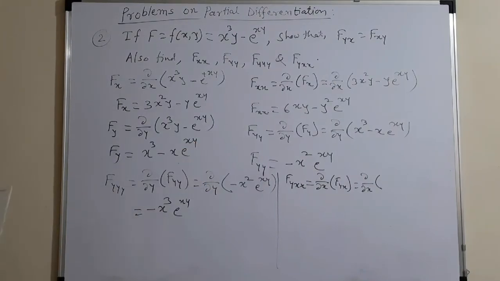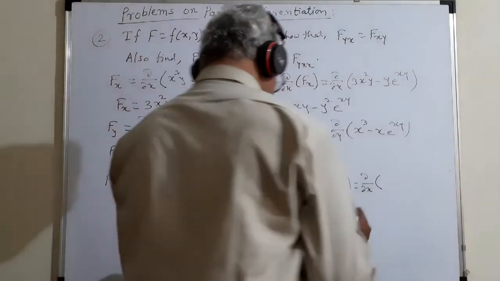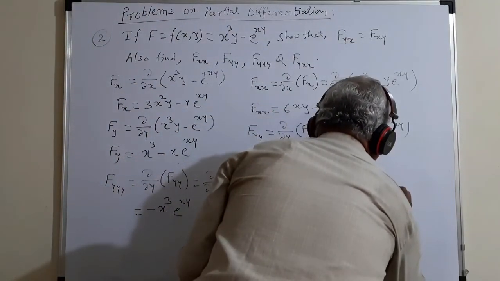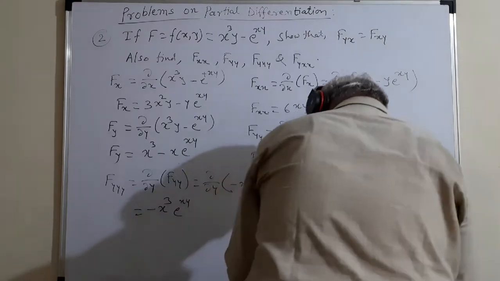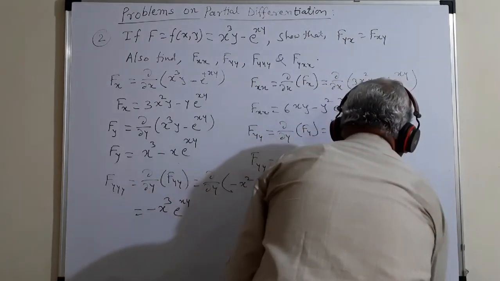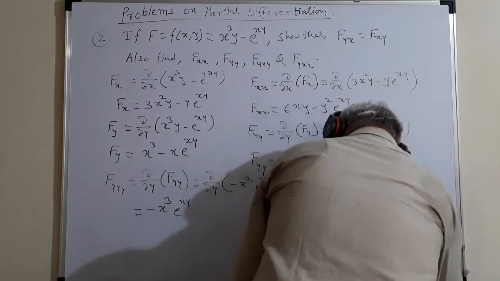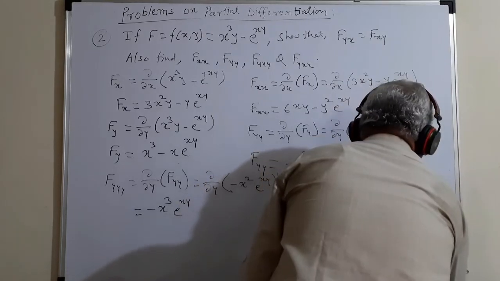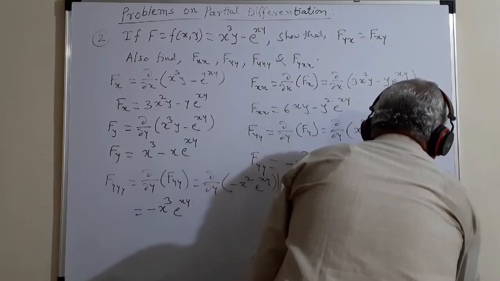Fyx is nothing but 3x square minus e raised to xy minus xy e raised to xy.